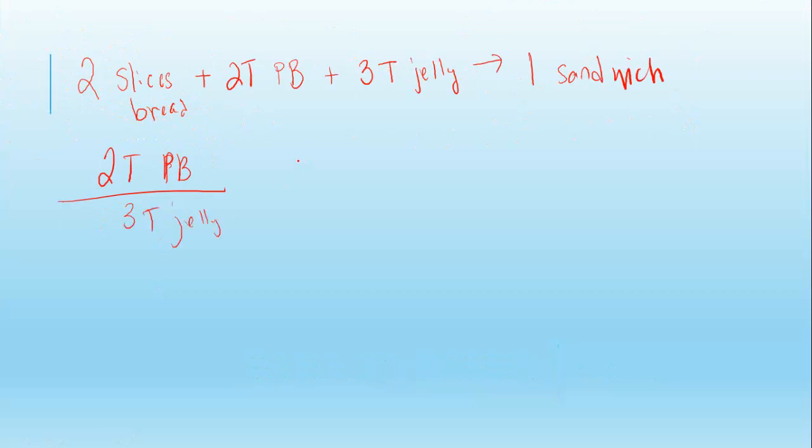And we know that there's 3 tablespoons of jelly to 1 sandwich. Or you could say there's 2 tablespoons of peanut butter to 1 sandwich. So we can make comparisons about the amounts of things in this equation or this recipe because we have the recipe for it.